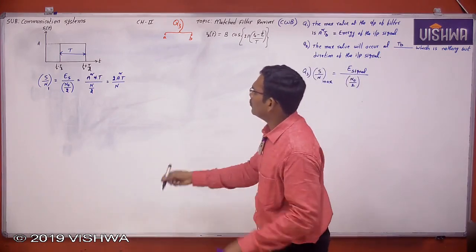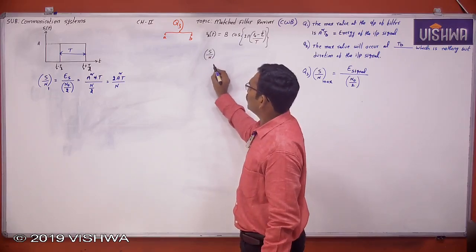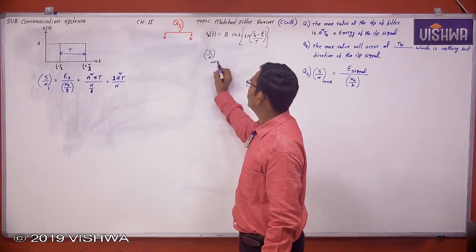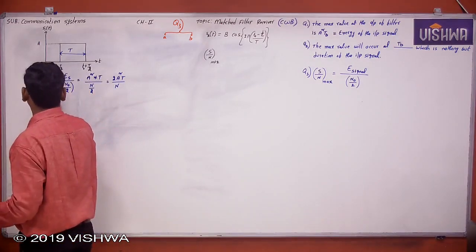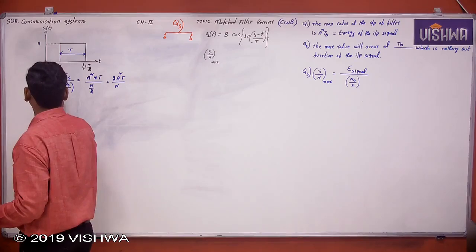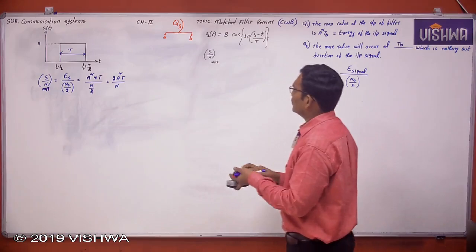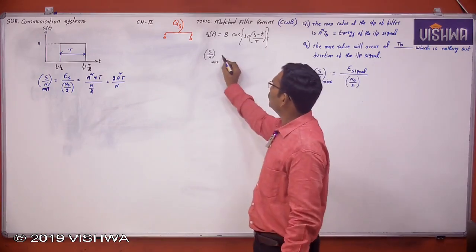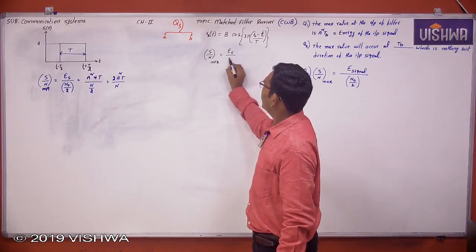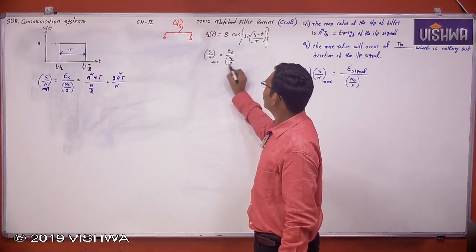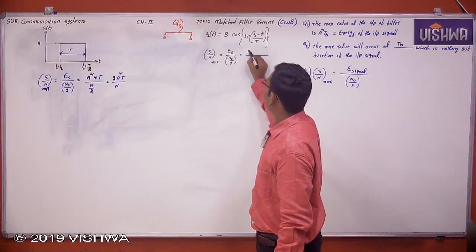Now what is the signal to noise ratio of the second matched filter? This is match filter 1, this is match filter 2. Now this is the signal to noise ratio of matched filter 2, which is nothing but Es by N naught by 2, which is the energy, power of the input signal. What is the power?